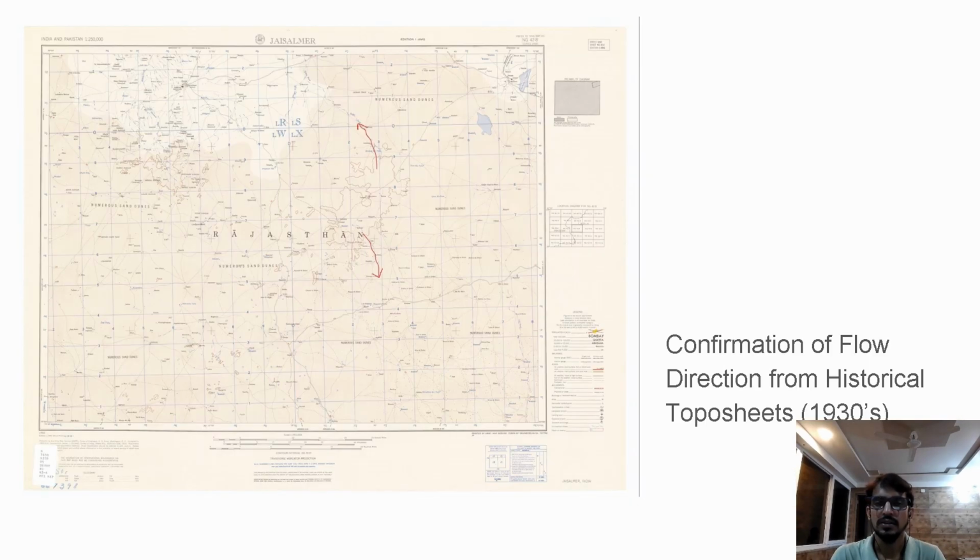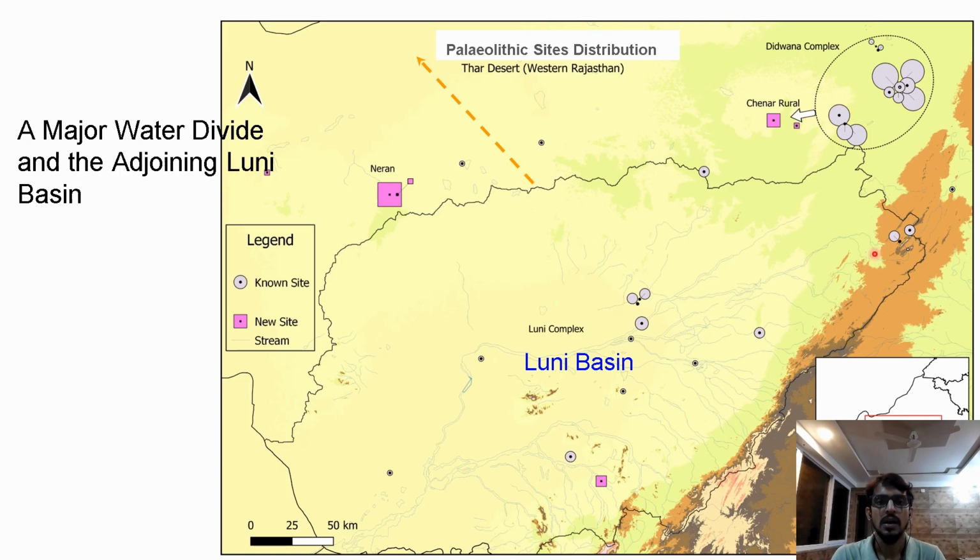This was part of a bigger topo sheet of the 1930s, where you can see the two different streams.